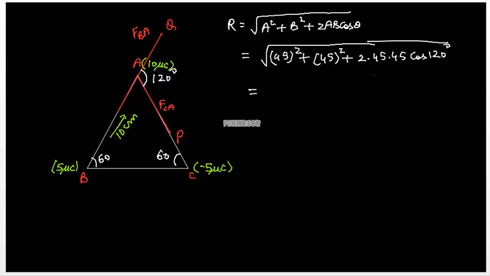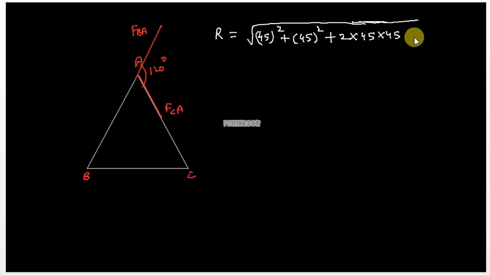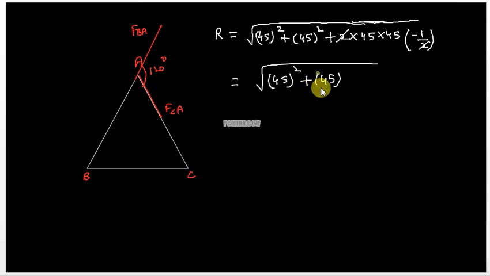Now we just substitute the value of cos 120 to be minus 1 by 2, and now this 2 would cancel out. So you are left with square root of 45 square plus another 45 square, and the third one is minus 45 square because this minus sign will get multiplied and you get 45 into 45, which is 45 square.